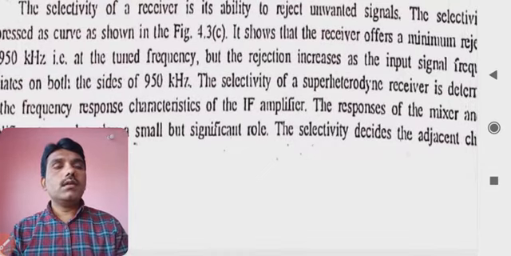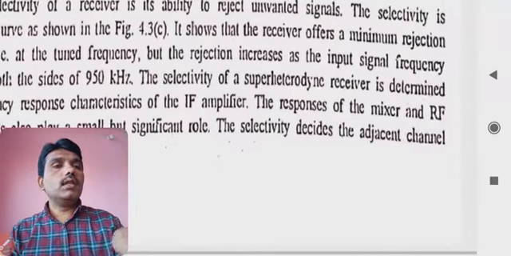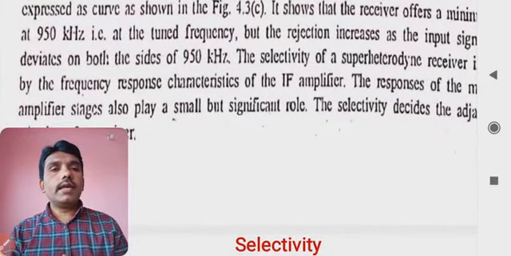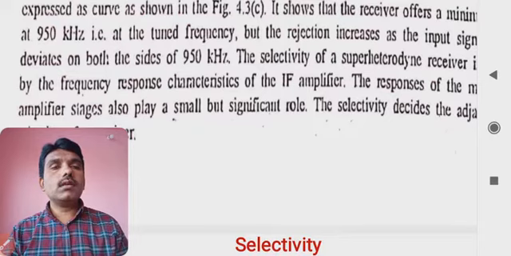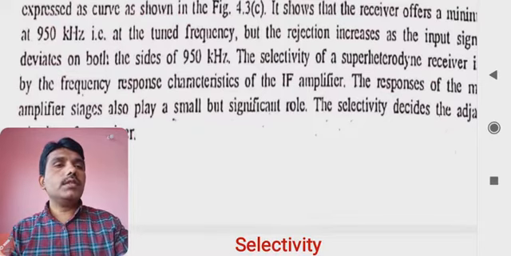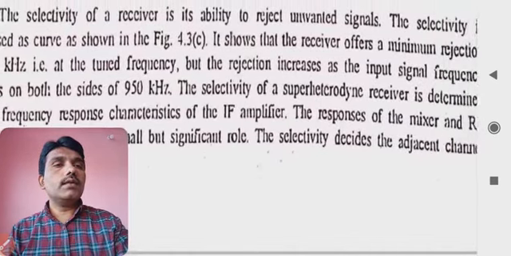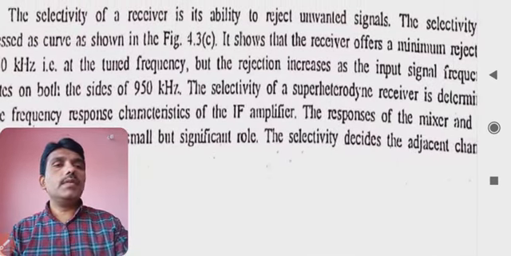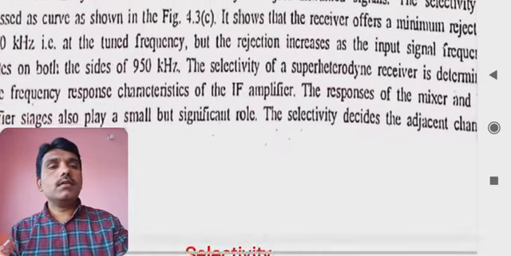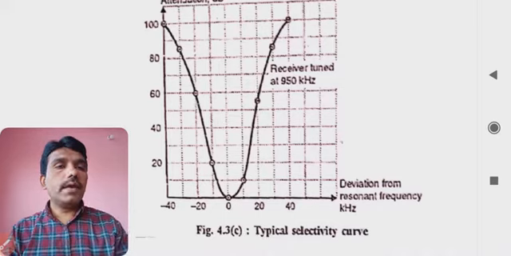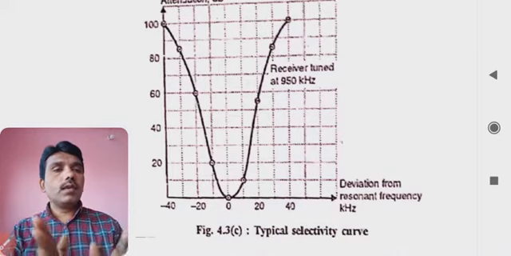The rejection increases as the input signal frequency deviates from 950. So the receiver offers minimum rejection at 950, and the maximum rejection is on the upper side.